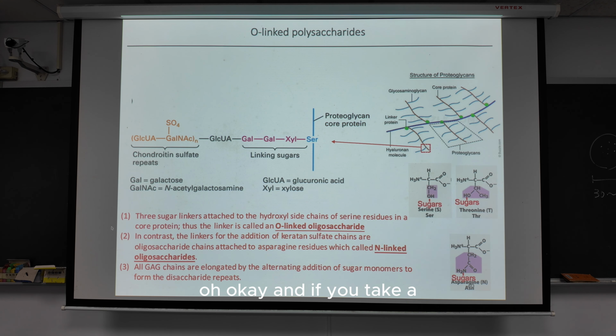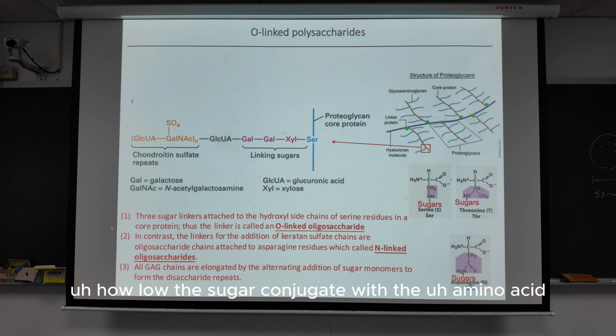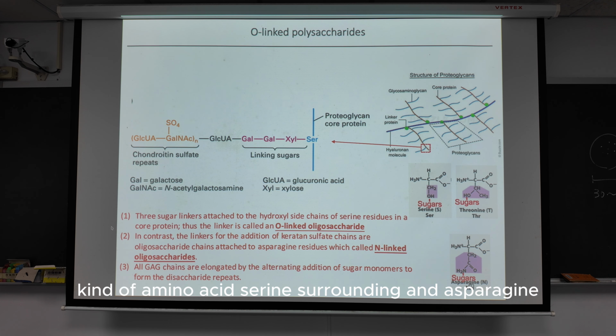Okay, and if you take a look at how those sugars conjugate with amino acids, they can only conjugate with three kinds of amino acid: serine, threonine, and asparagine. They use a linkage sugar to connect with those three amino acids.